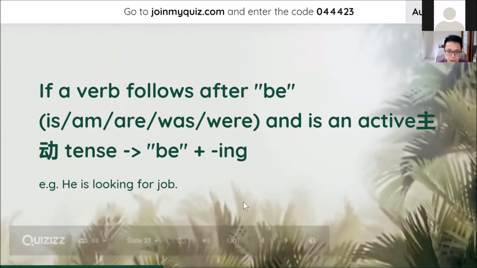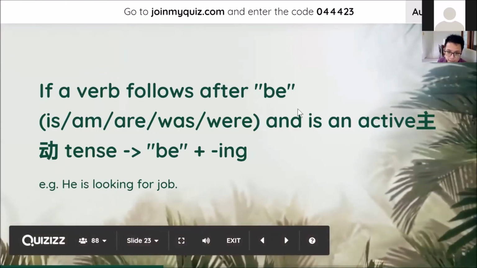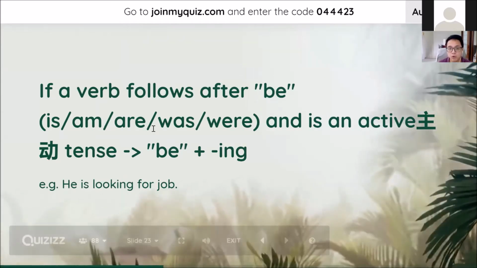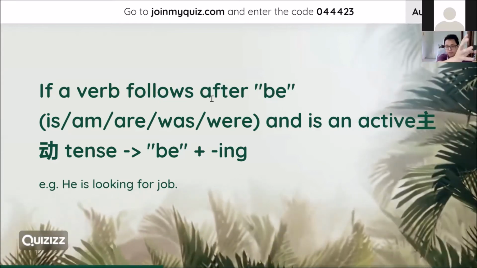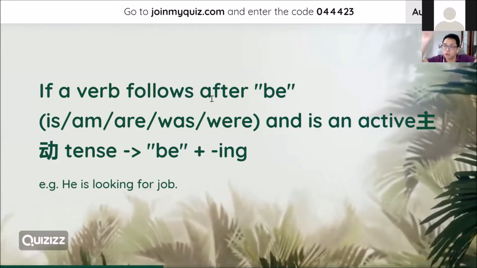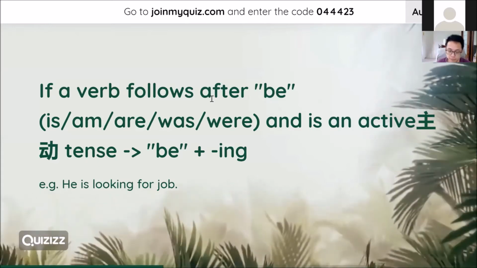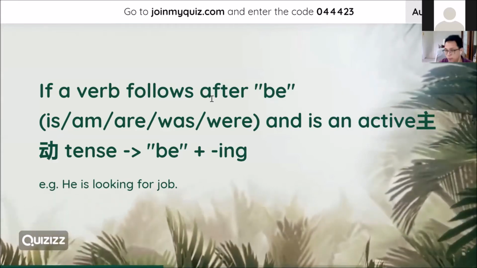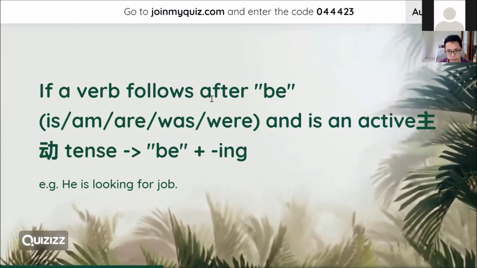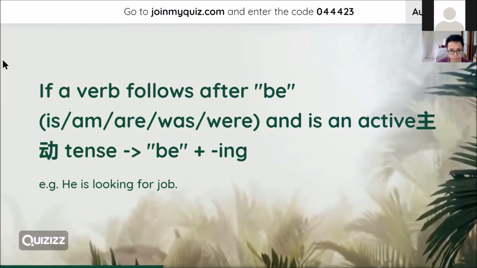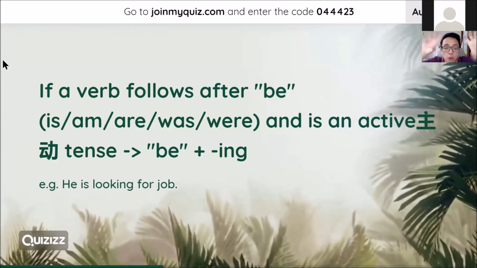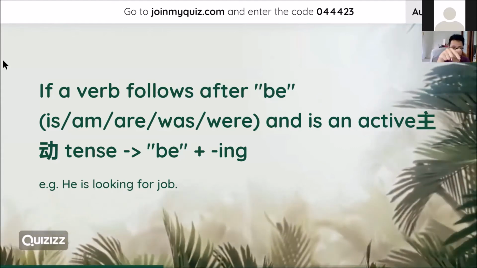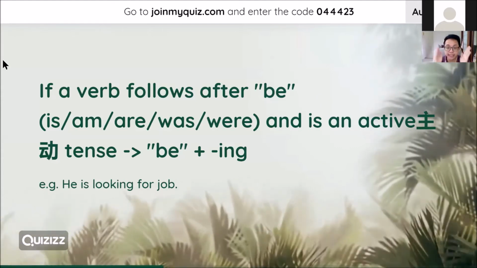Look at the example. Look at the explanation here. So if a verb follows after be and is an active tense, so be 变成 ing。如果它是 is, am, are, was, were，然后后面是动词的话，主动的动词的话，它要变成 ing。So he is looking for a job，不是 he is looked，不是 he is look。He is looking for a job。所以他主动去找那个工作的。我主动的什么意思？主动是他去做那个 action 的。So he is 他去找那个工作 he is looking for a job.